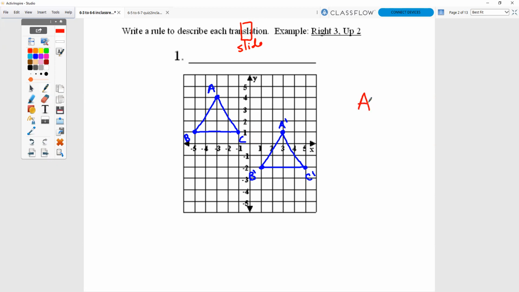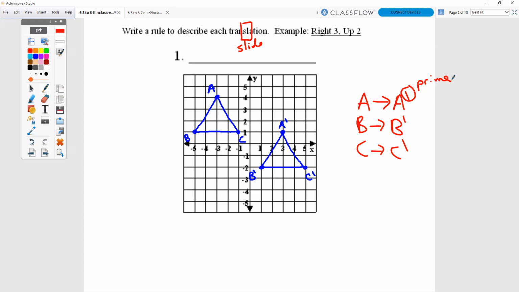Remember that you always go from the letter to the same letter prime. So from A to A prime, or B to B prime, or C to C prime. You always go from the letter without the apostrophe to the letter with the apostrophe. This little apostrophe is pronounced as prime.